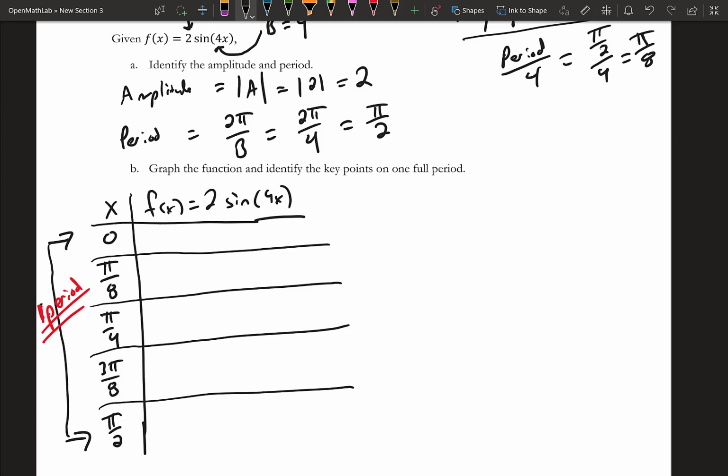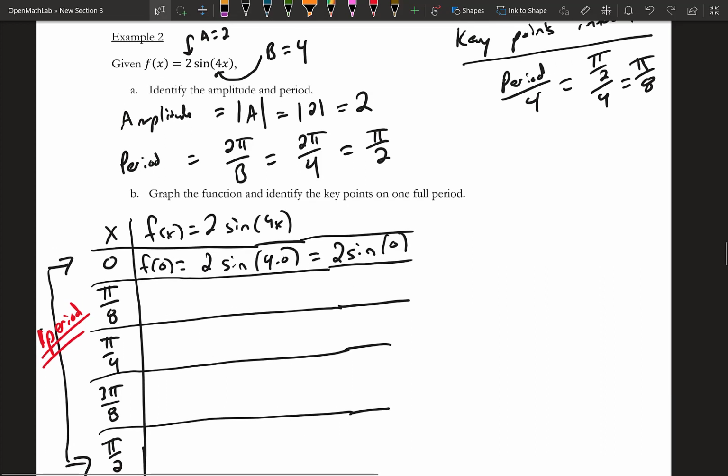So f of 0 would be equal to 2 times sine of 4 times 0, which would be equal to 2 times sine of 0. Right, so if we think about the unit circle, here would be 0 degrees. So the y-coordinate of this point, this black dot, would be 0, right? So this would be equal to 2 times 0, which equals 0.